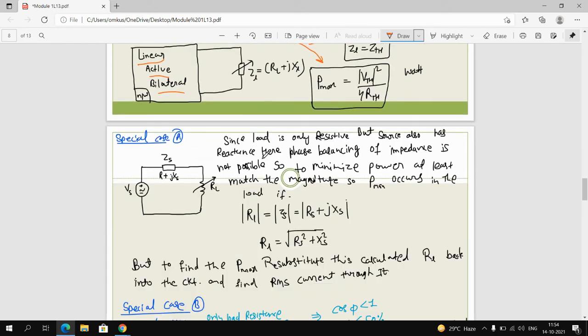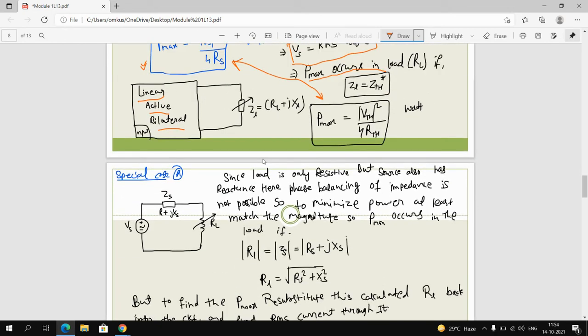Now the special second case, or you can say special case one: in that, only a resistive load is given to you, there is no reactive load. So what happens in that case? You need to balance the circuit for calculating the maximum power transfer. For that you need to make this load equal to the magnitude of the source impedance.